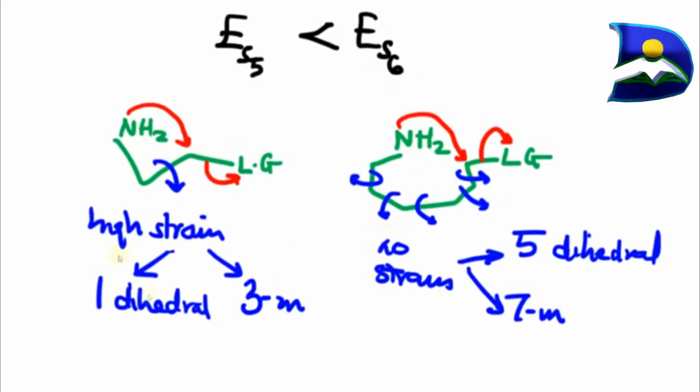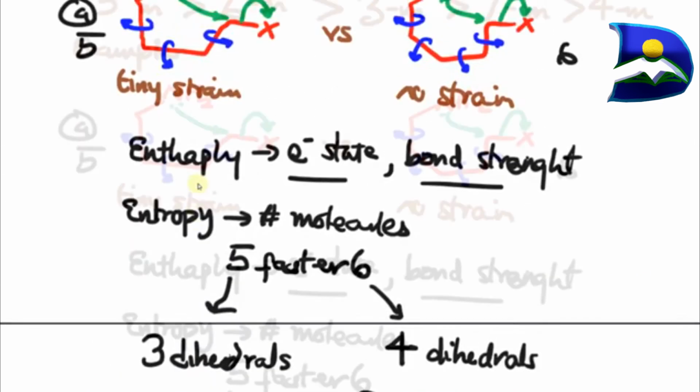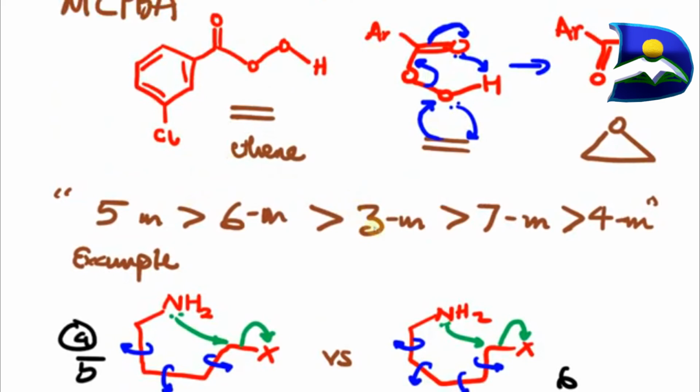But in terms of the high strain, what we see based on our condition is that the 3-membered ring is indeed greater than the 7-membered ring.